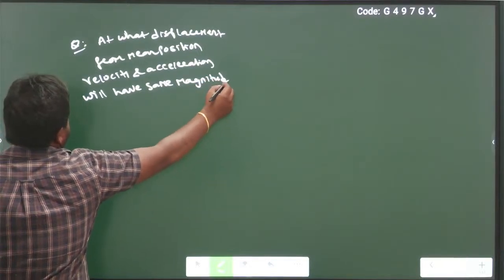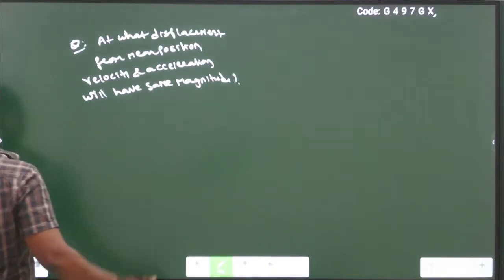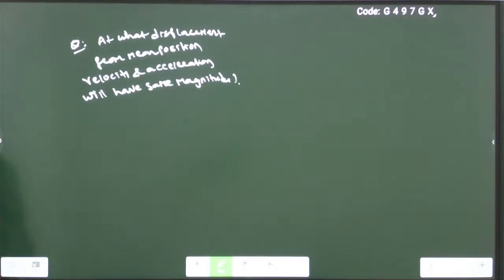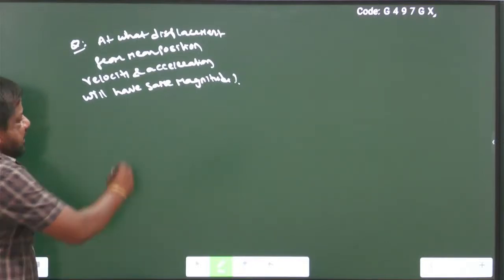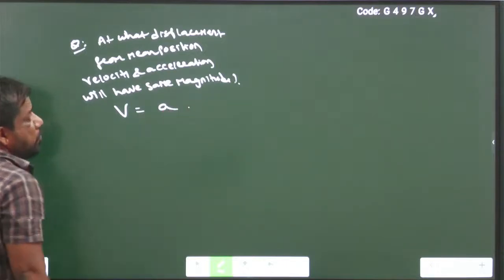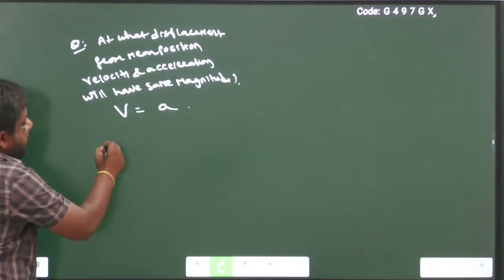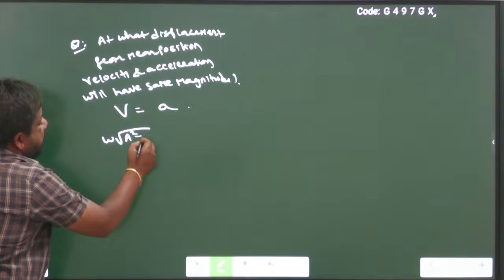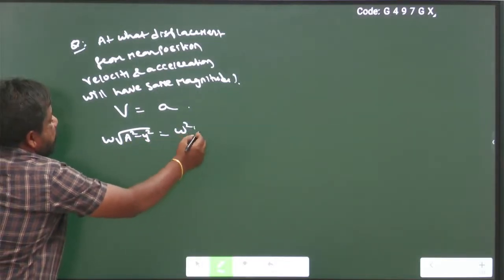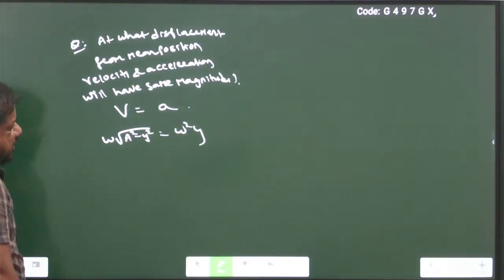They are telling that velocity should be equal to what? Acceleration. Velocity should be equal to acceleration. Velocity is omega into under root a square minus y square. This is omega square into y. Omega square into y. We can go in this way also.